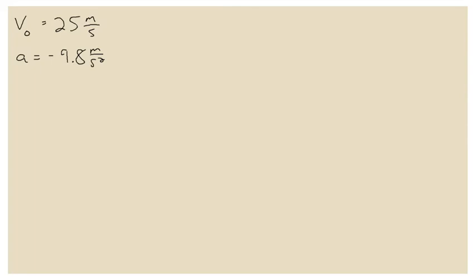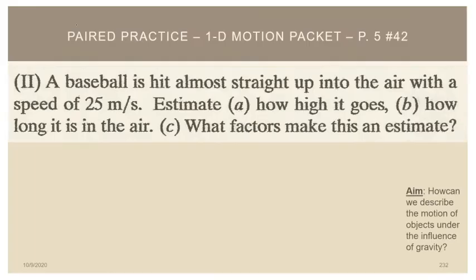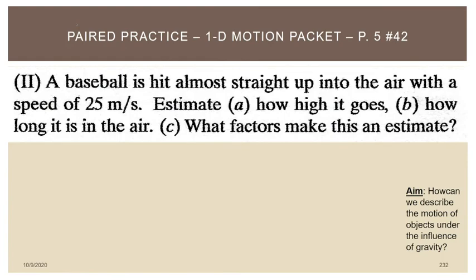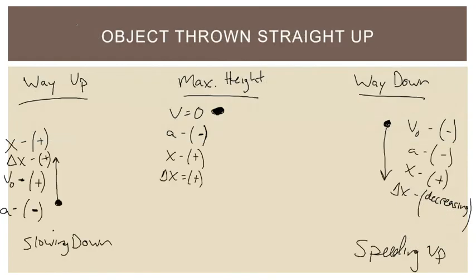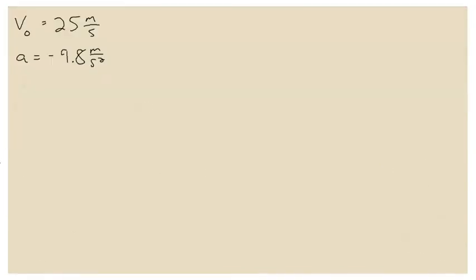But the final state of the object, because they are asking us how high it goes, is at the maximum height. And as we said here, at the maximum height, the object's velocity is 0. And so that means for these problems, when they ask us for anything about the maximum height, the final velocity is 0.